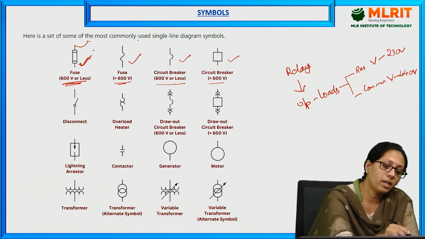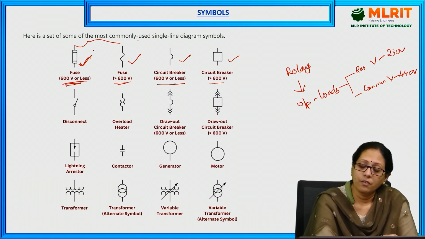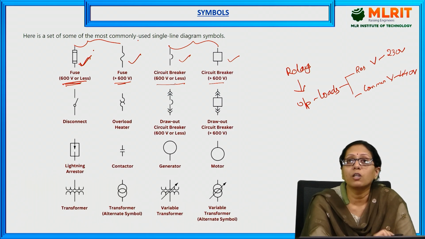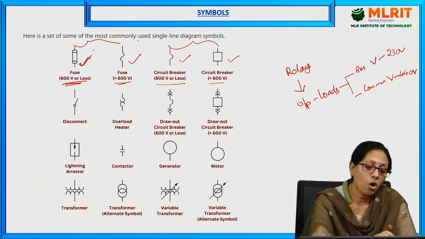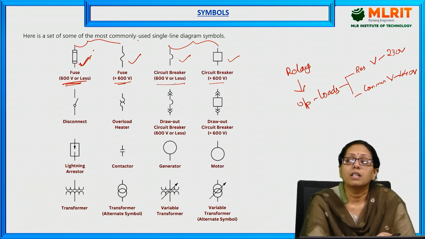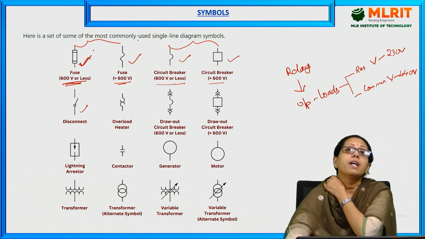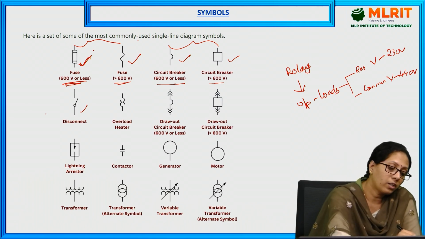So these two are the symbols of fuses and these two are the symbols of circuit breakers. All these four are different types of protection devices. This one is used for disconnecting, or you can call it a switch.